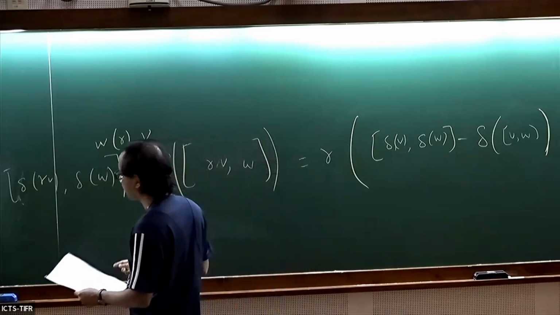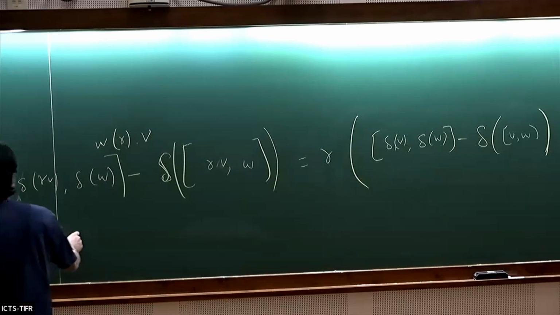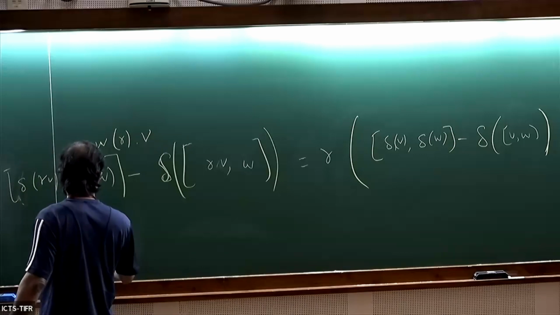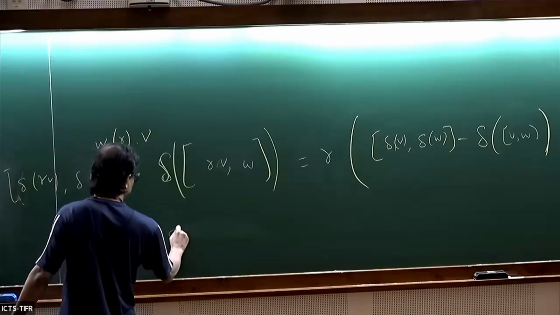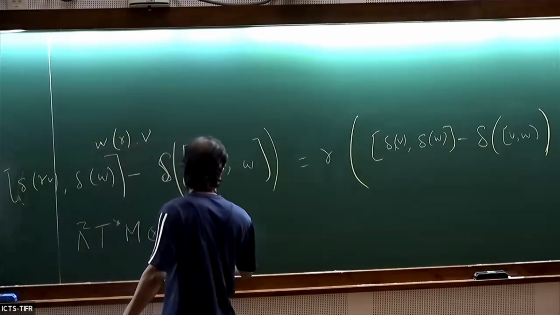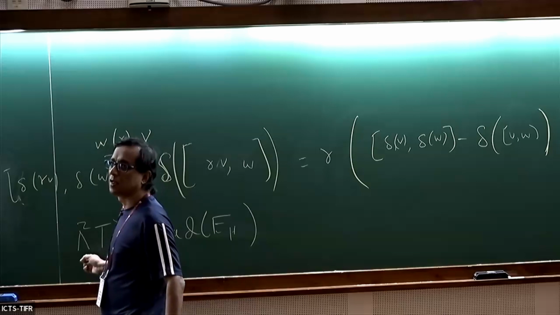What does it imply? It implies that it is a map of vector bundles. This operation is not a map of sheaves, but a map of vector bundles. It is given by a fiber-wise map. In particular, you get a holomorphic section of this, which is called the curvature.